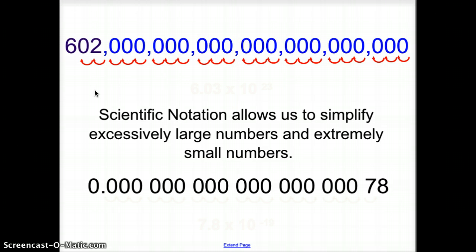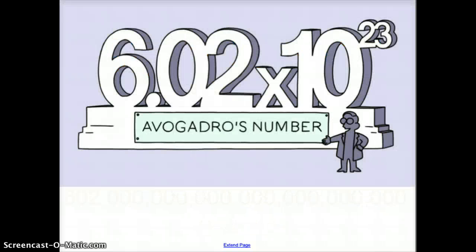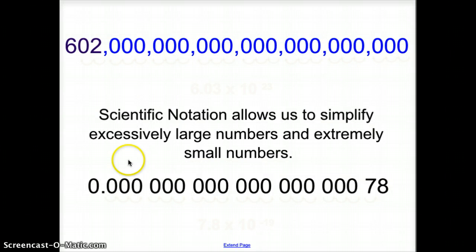And when we move it 23 times, we are creating 23 positive spaces on the number line, and therefore that is a positive 23 for the value. So that is where we get the number 6.02 times 10 to the 23rd, because we moved that decimal 23 times.